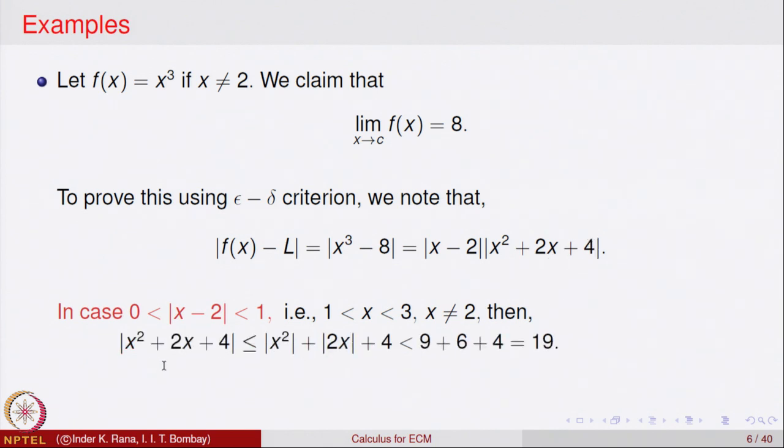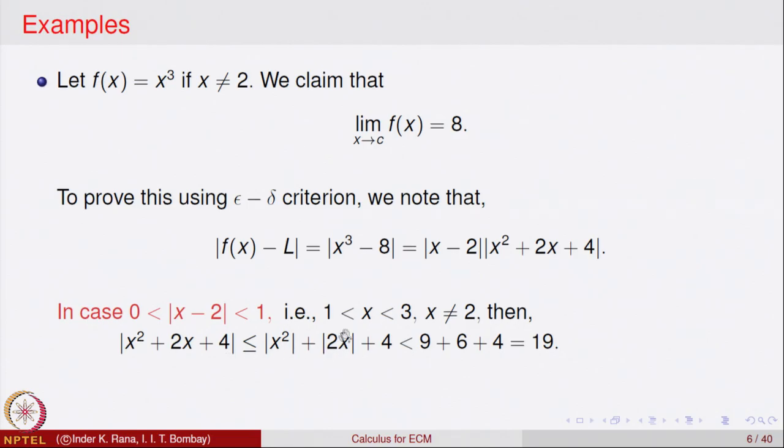that x square plus 2x plus 4, the simplest way of estimating that would be by using the triangle inequality. This is less than or equal to mod x square plus mod 2x plus 4, right. So, using the triangle inequality property of absolute value, we get mod of x square plus 2x plus 4 is less than or equal to mod x square plus mod 2x plus 4.